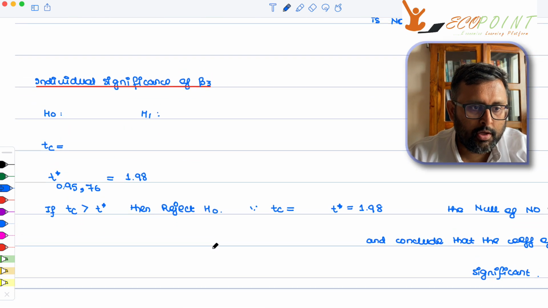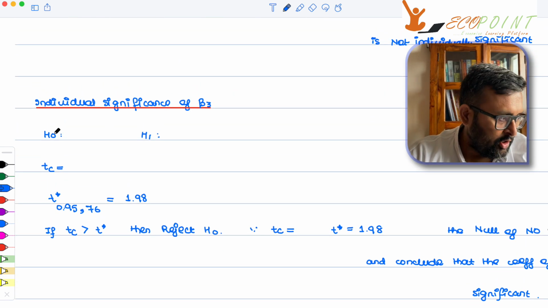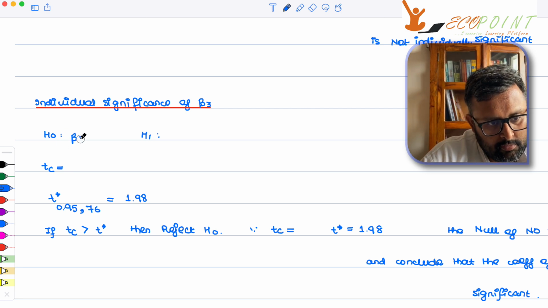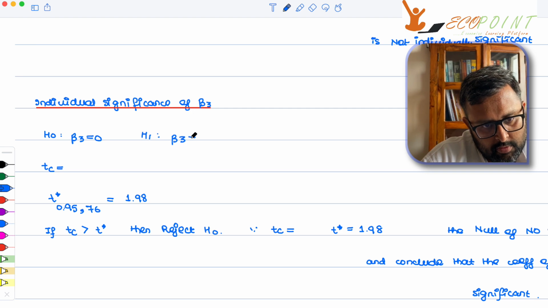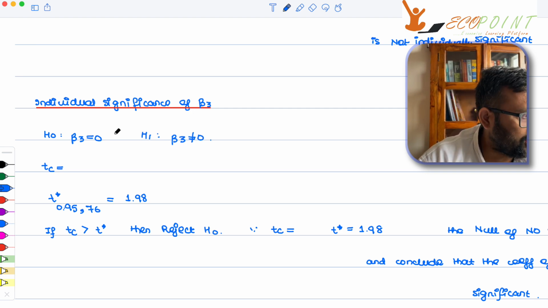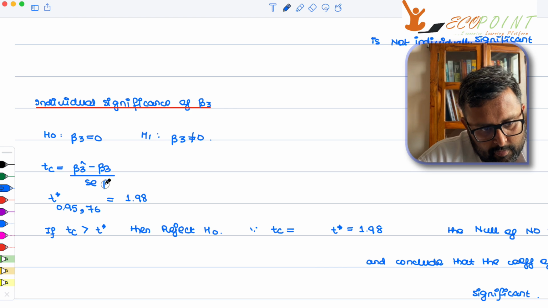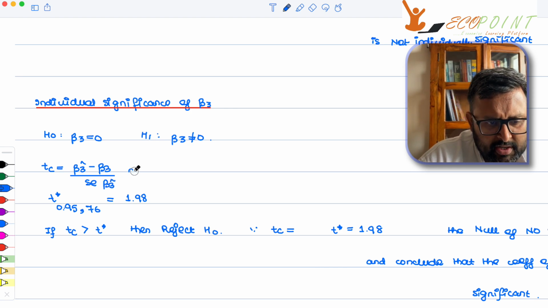Individual significance of beta 3, again you will write the null of beta 3, which is beta 3 is 0. Beta 3 is not equal to 0. Calculated t is beta 3 hat minus beta 3 upon standard error of beta 3. You can also write that this is distributed as t with n minus k degrees of freedom. So what is beta 3 hat?